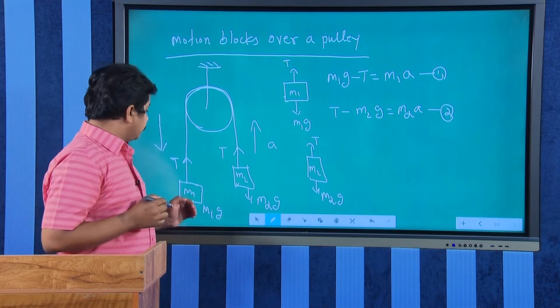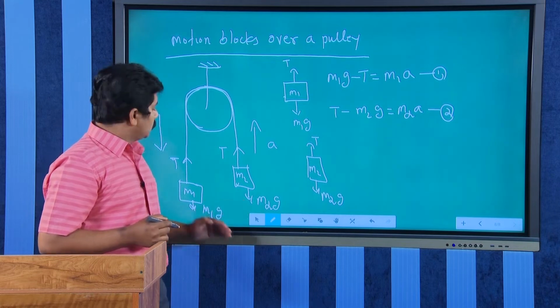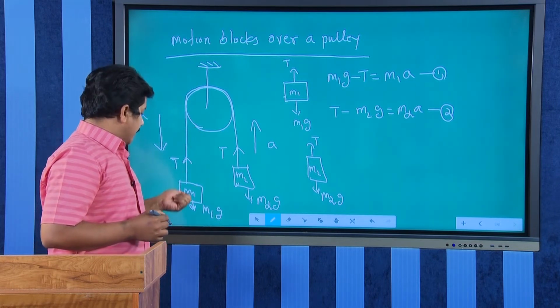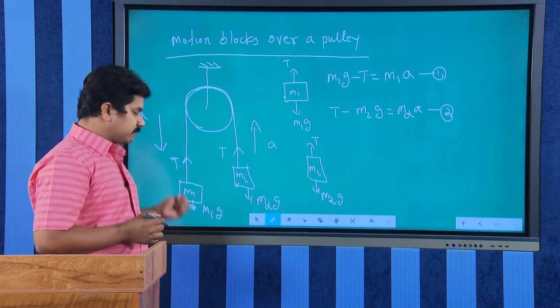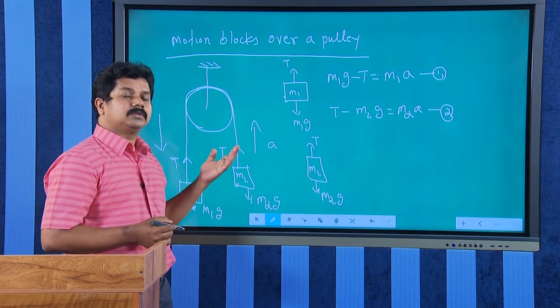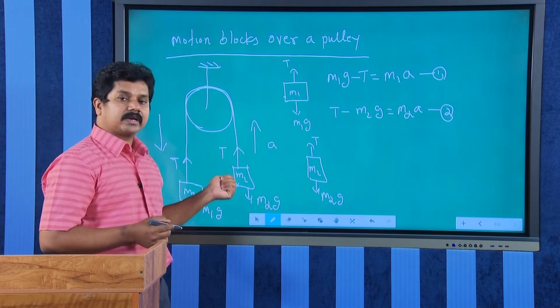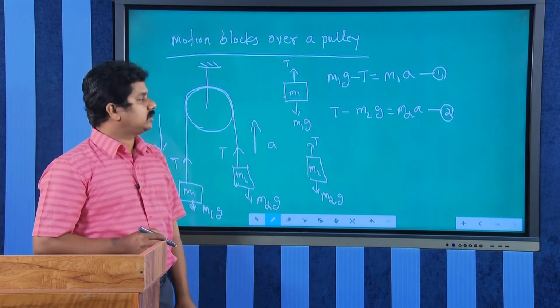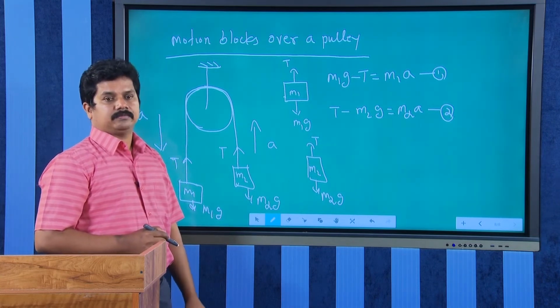We assume that m1 is greater than m2. So, m1 will move down, m2 will move up. So, m1g will be greater than T, that is why it is moving down. Here m2 is moving up. So, T should be greater than m2g. So, the equation will be T minus m2g equal to m2a.